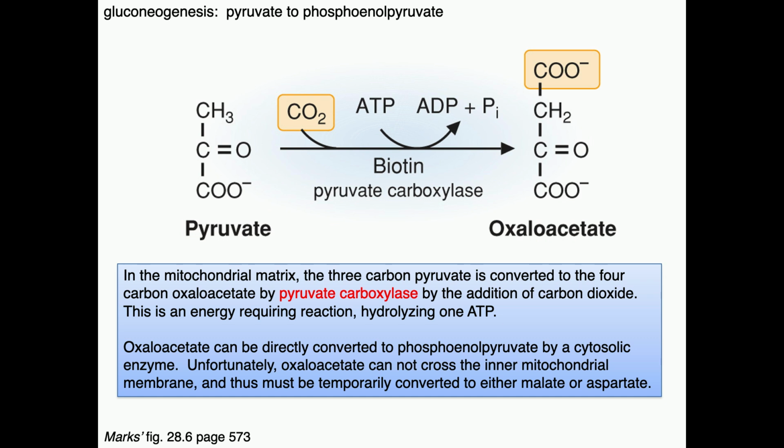In the context of gluconeogenesis, this oxaloacetate has to leave the mitochondria and become a substrate for phosphoenolpyruvate carboxykinase, removing a carbon from the oxaloacetate.